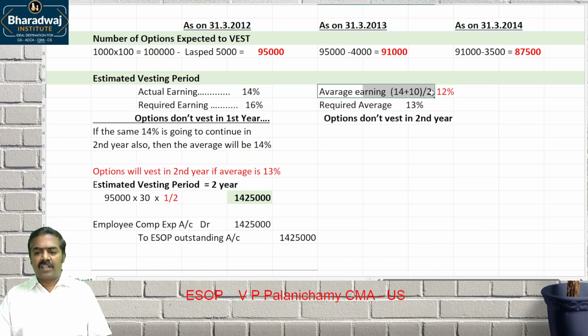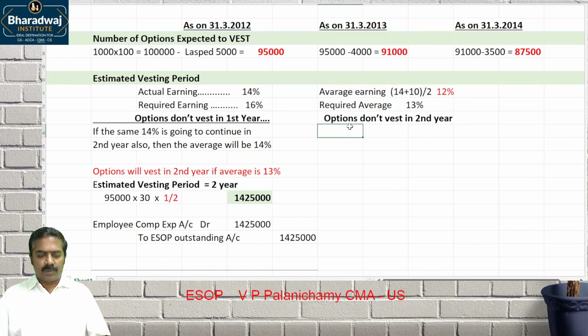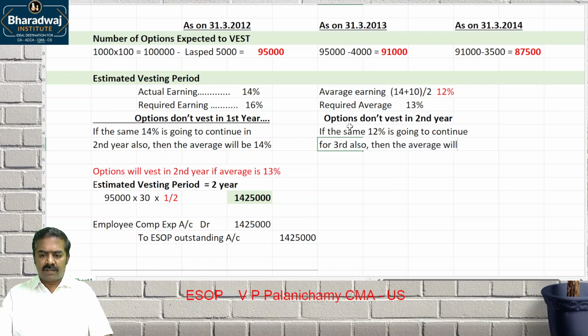Wait. What is my average earning now? Listen. This is logic. No accounting rule. What is my average earning as on 31st March 2013? 12%. So if the same 12% is going to continue for the third year also, then the average will be what percentage? 12%.